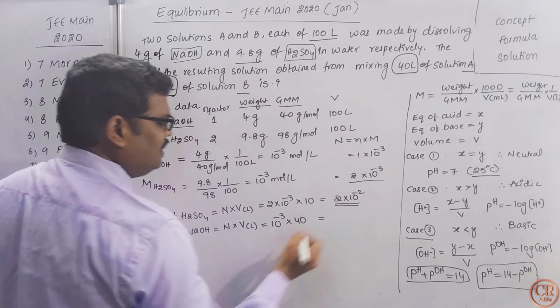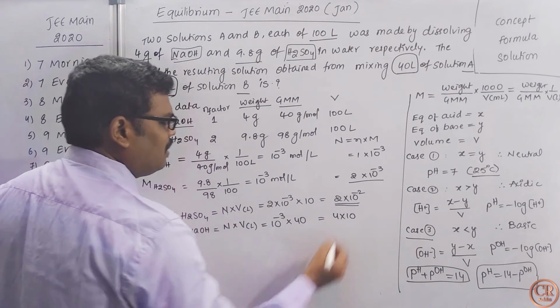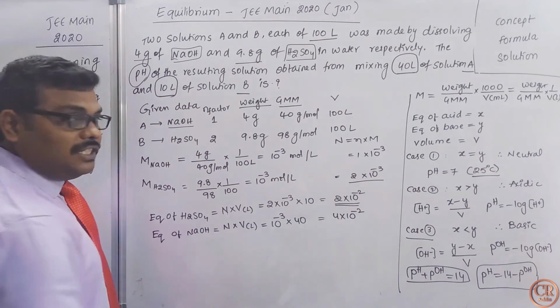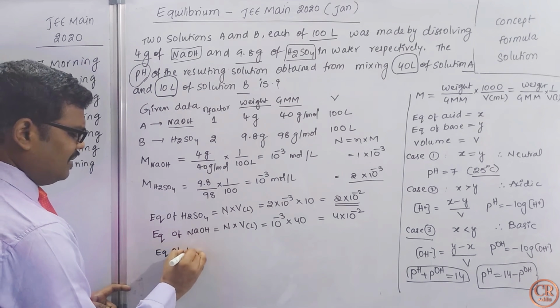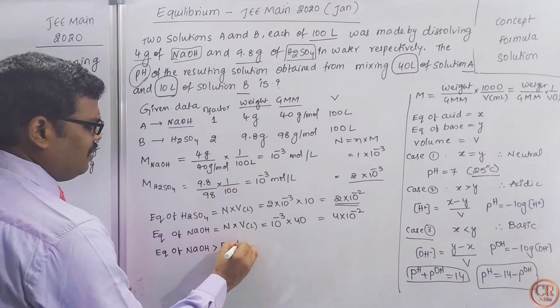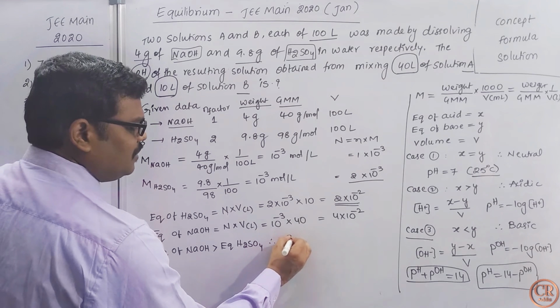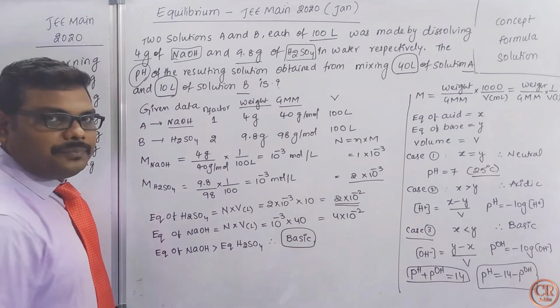So 40, that is equal to 4 into 10 power minus 2. Now if you compare these two, which is more? Here the equivalents of base, that is NaOH, is more than the equivalents of H2SO4. Therefore, what is the nature of the solution? The nature of the solution is basic.